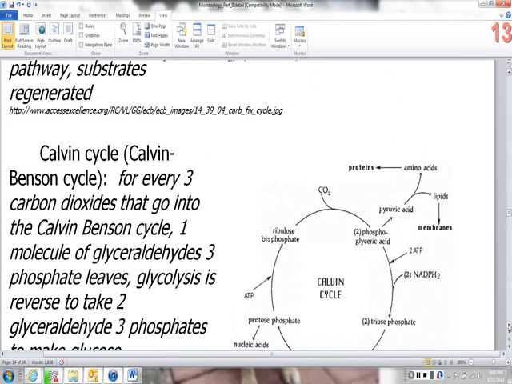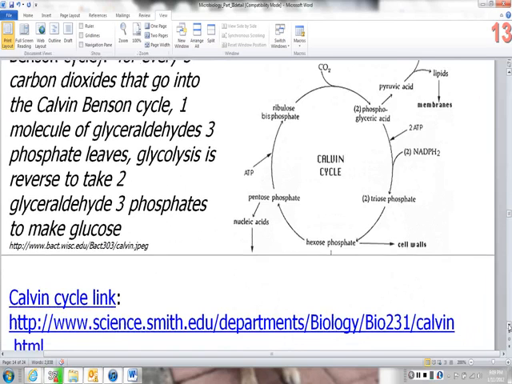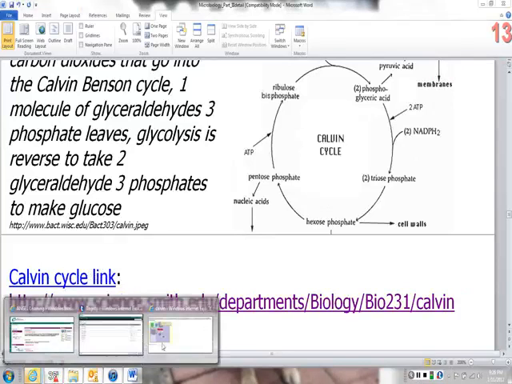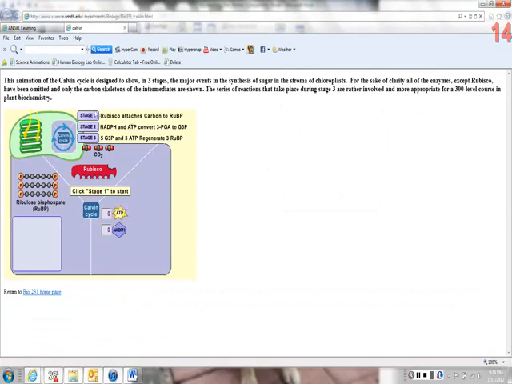For every 2 glyceraldehyde 3-phosphate that leaves, they go through the reverse of glycolysis to make glucose. So this is an animation of the Calvin cycle.